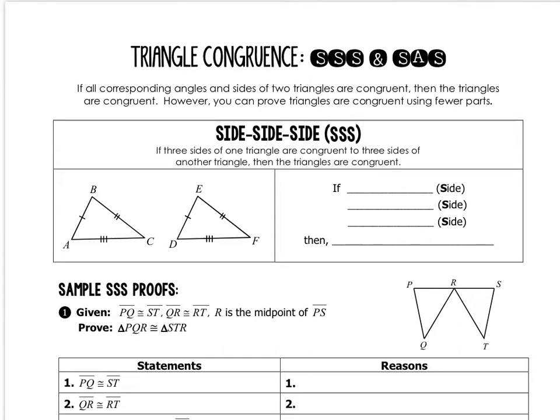SSS states that if 3 sides of one triangle are congruent to 3 sides of another triangle, then the triangles are congruent.